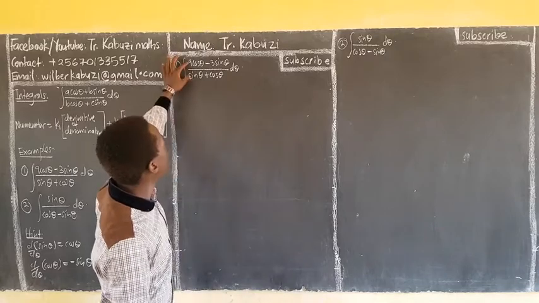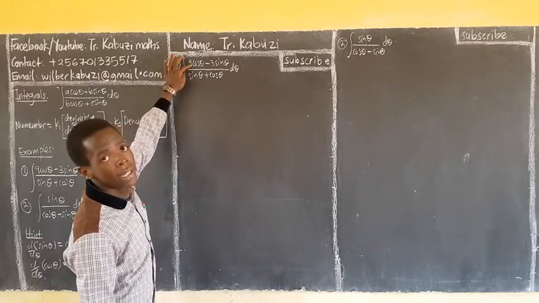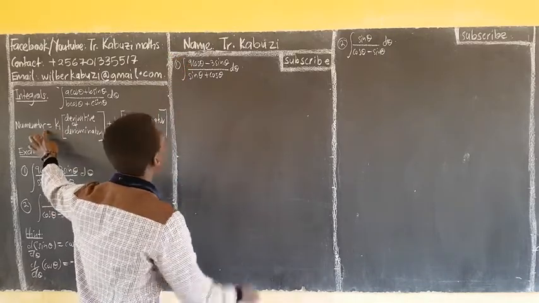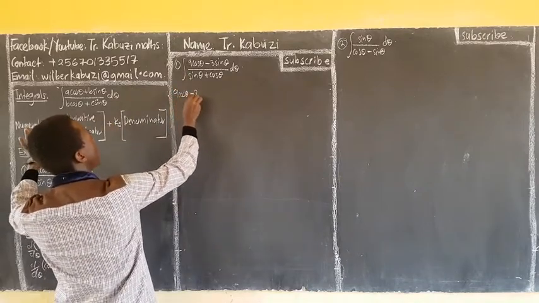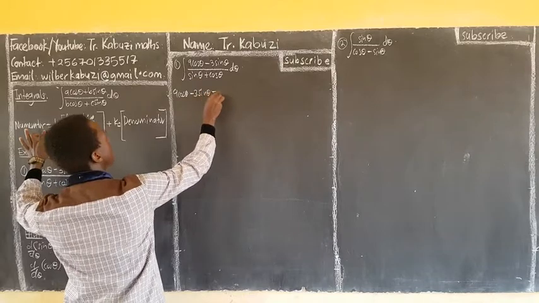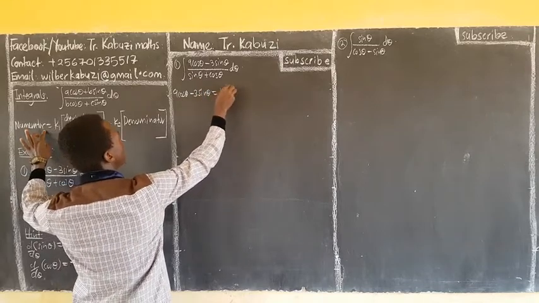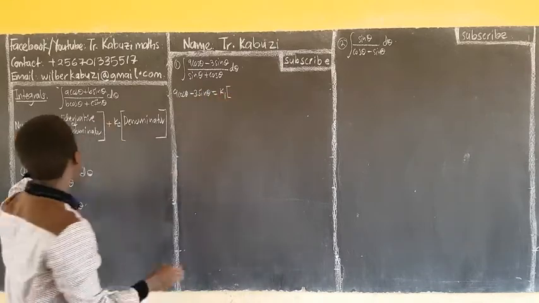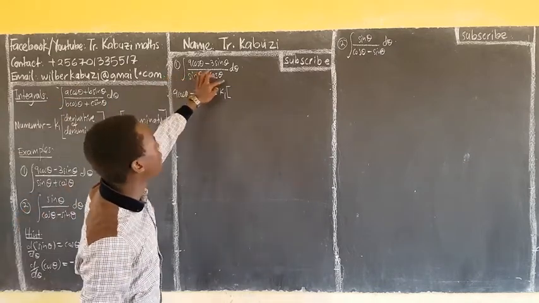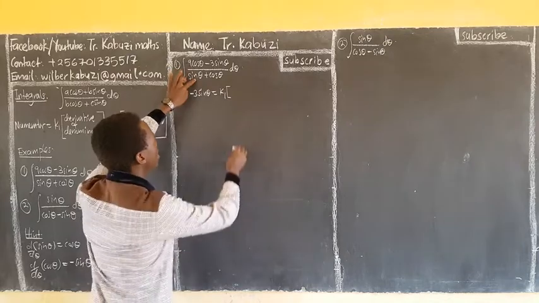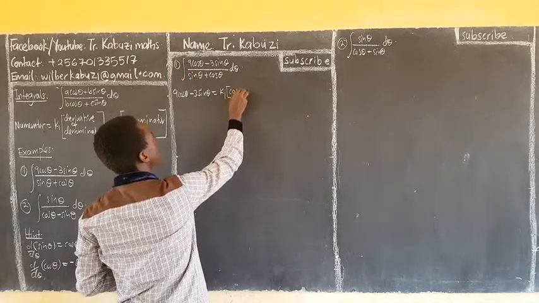Now I need to separate this numerator. The numerator, 9 cos theta minus 3 sin theta, is going to be K1 times the derivative of the denominator. When I differentiate sin, I get cos theta.